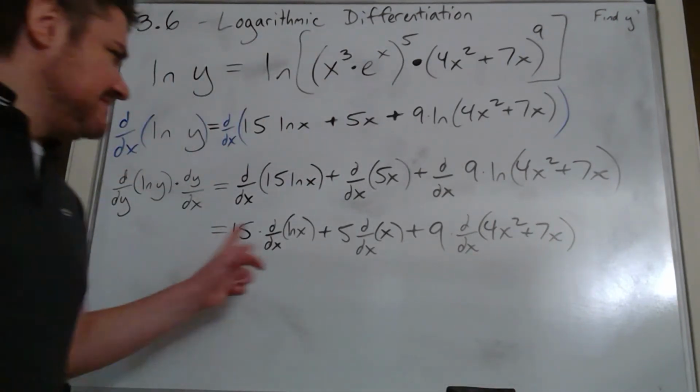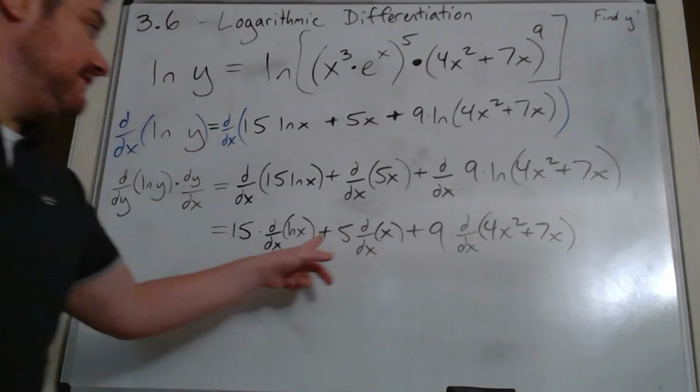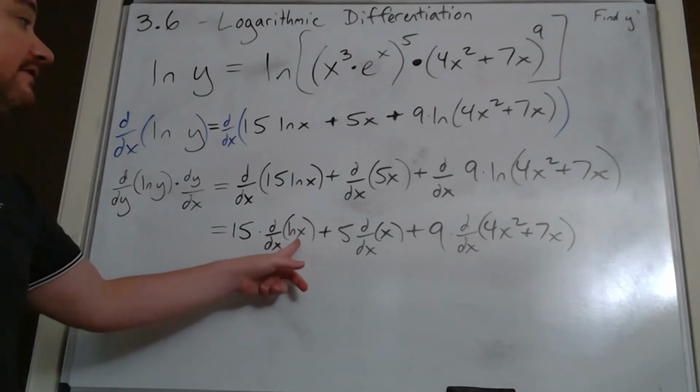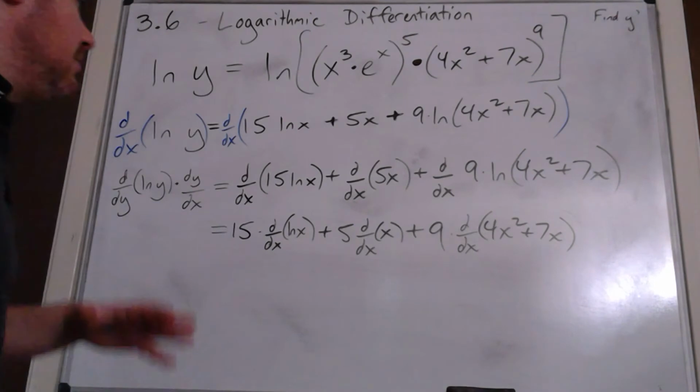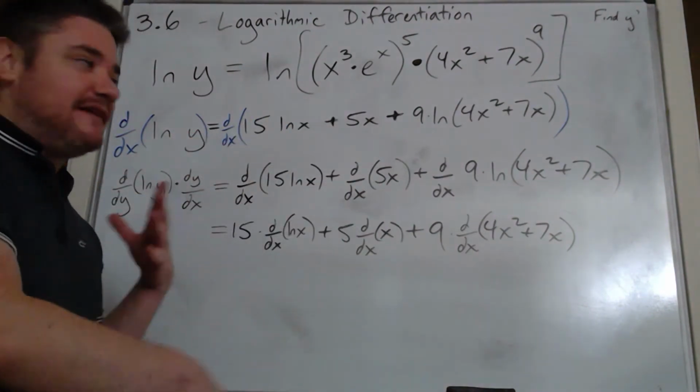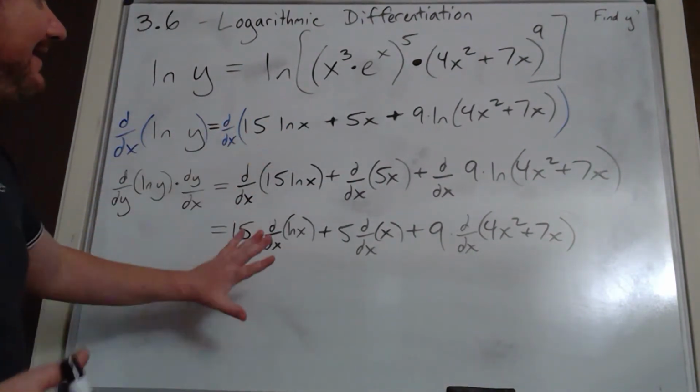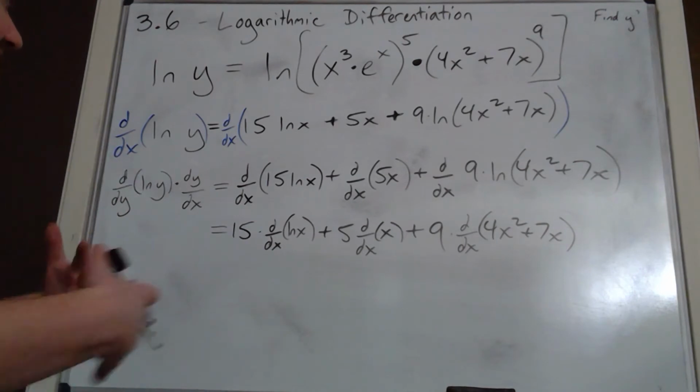Now most of these things that I'm taking the derivatives of, here I have a natural log, we know its derivative, right? And these are polynomials, we know the derivative is really easy. There was a lot of setup, a lot of preamble to get here, but now the differentiation process is easy, right?